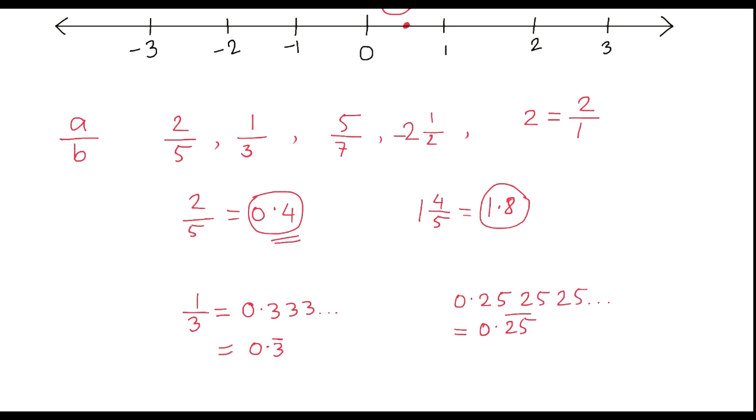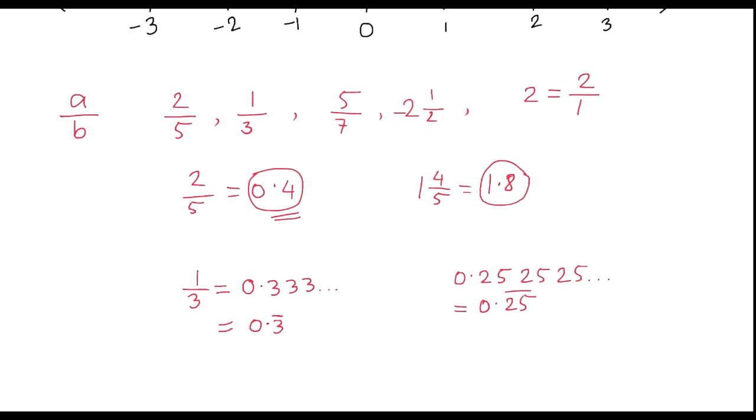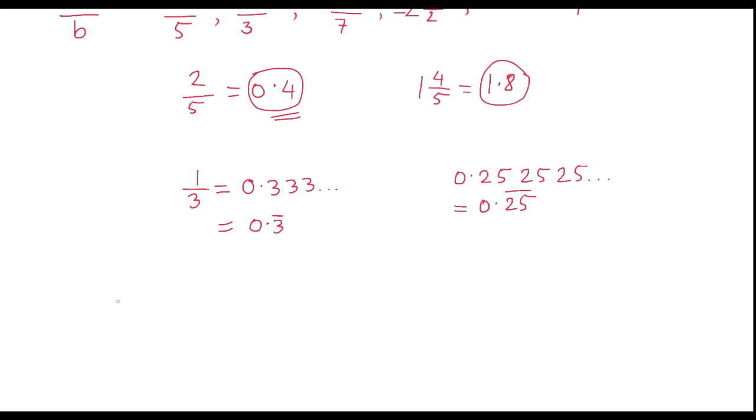This is the pattern. There may be other kinds like 4.63288888. That means 8 repeats. After a few digits, another digit repeats.